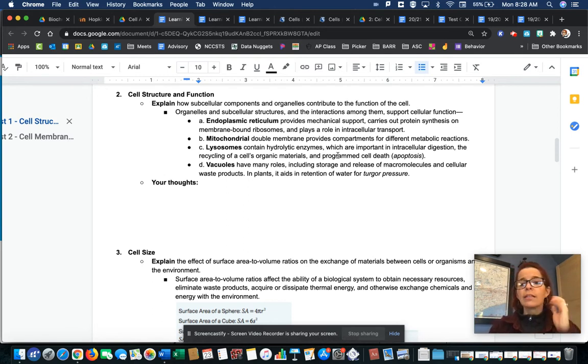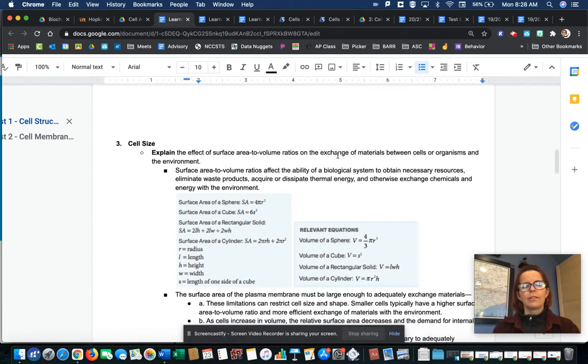And that's because the lysosomes are breaking open and they're basically digesting that entire cell. That's called apoptosis or programmed cell death. And then vacuoles have many roles, including the storage and release of macromolecules, cellular wastes, and in plants, it retains water for the turgor pressure.